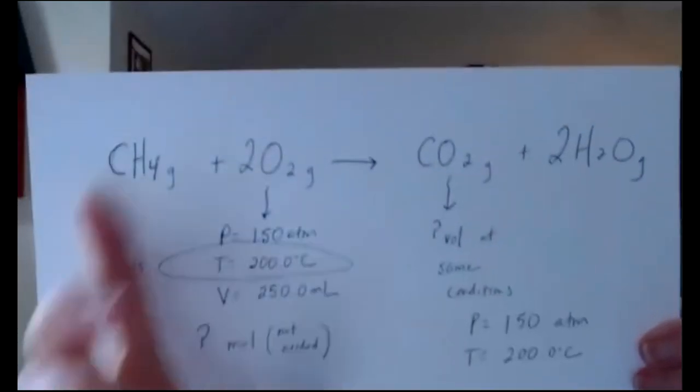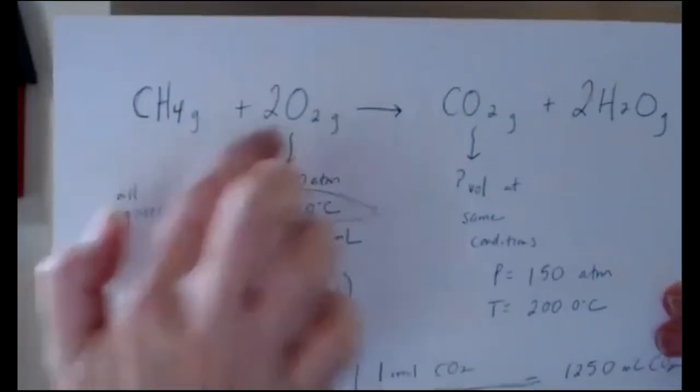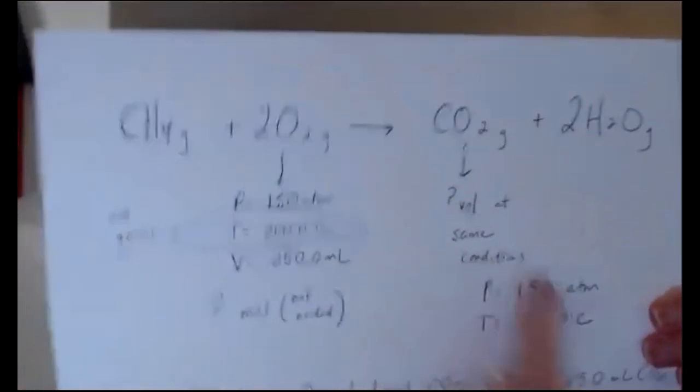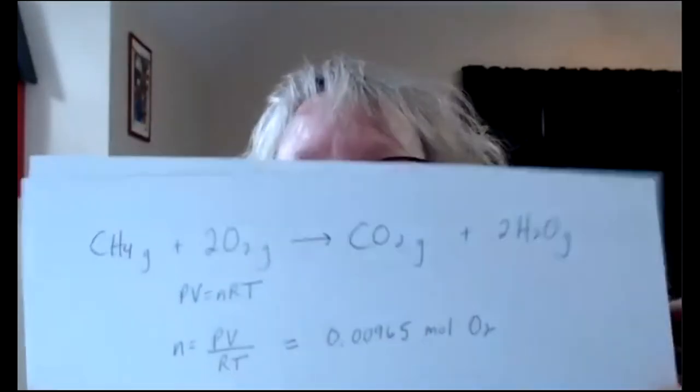Okay, same question. I give you these conditions, right? Now, listen, hear me out. I want you to find a volume, but here the conditions are changed. Guess what you have to do? You have to do PV equals nRT twice.